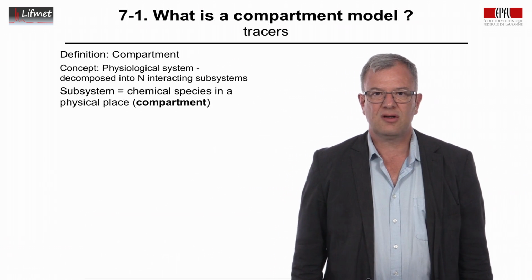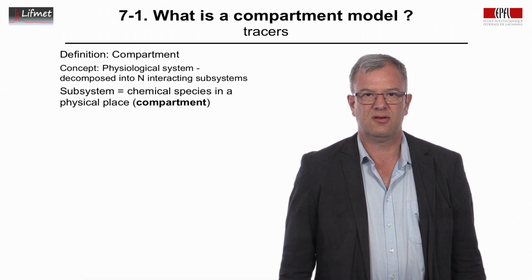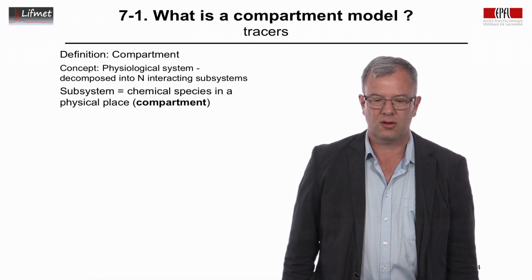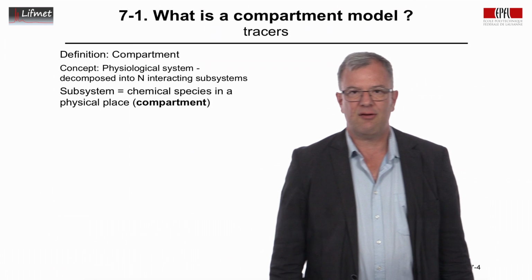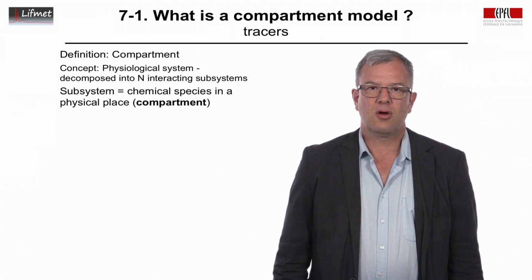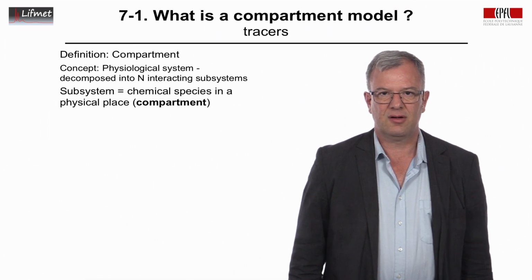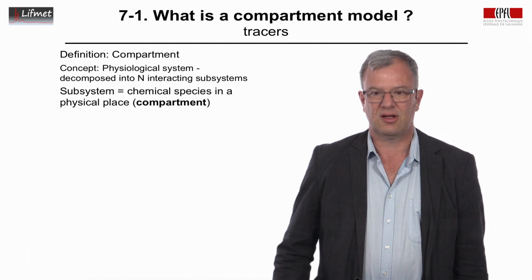Those subsystems are typically a given chemical species in a physical space. That physical space is typically called a compartment. So when we give deoxyglucose, we have glucose in the blood, that's one compartment, glucose in the cell, that's another compartment, and then we have phosphorylated glucose, that's the third compartment.